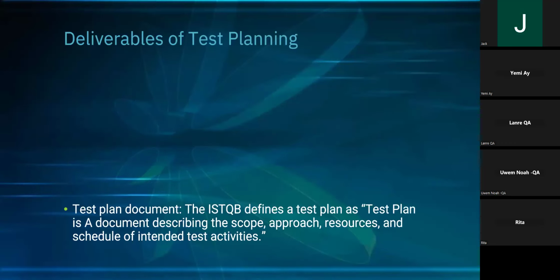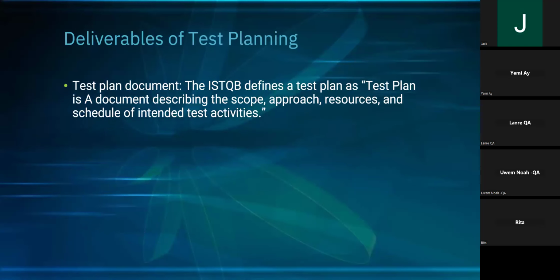Deliverables of the test planning document. By the end of this period, if you've not written your ISTQB, we need to adhere to it. We have rules and regulations that govern testing generally.